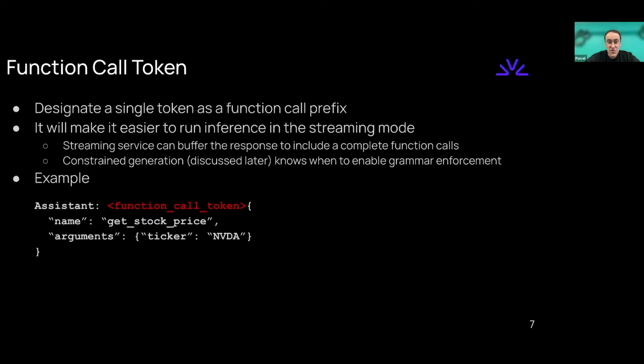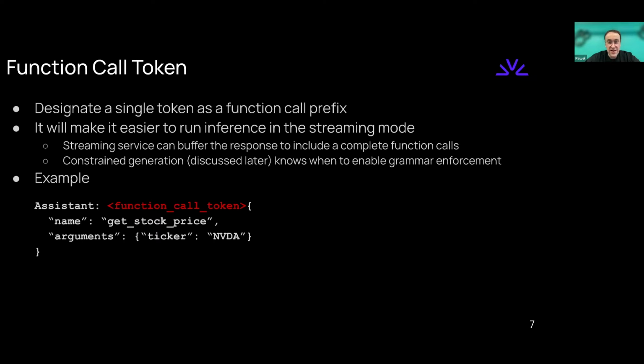Typically, modern inference services give you the ability to stream the response back, instead of waiting for the response to come back fully and only then revealing it to the client. You may want to stream the response chunk by chunk.